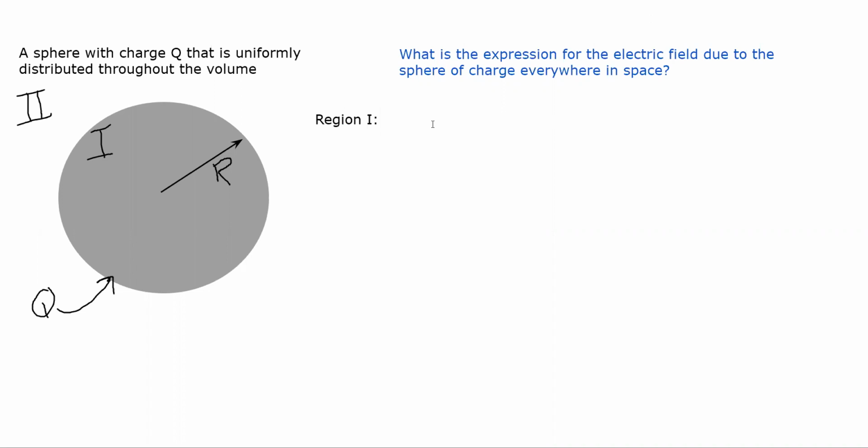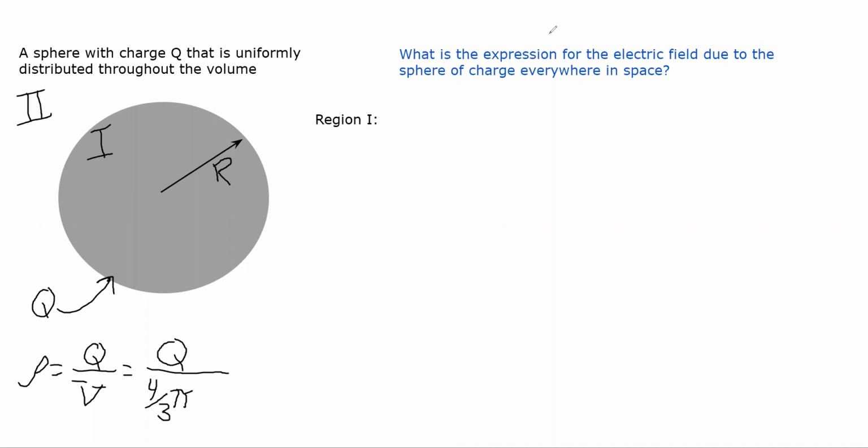I want to get an expression for the electric field inside. Before I do that, remember we're talking about a volume charge density here, because this charge has filled up this volume, this sphere. So going back, charge density is Q over volume. And since this is uniformly charged, I'm going to put Q as my total charge divided by my total volume, which is 4/3 pi. Now, capital R or lowercase r?